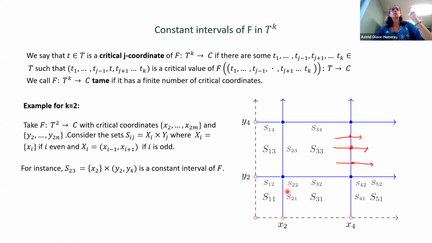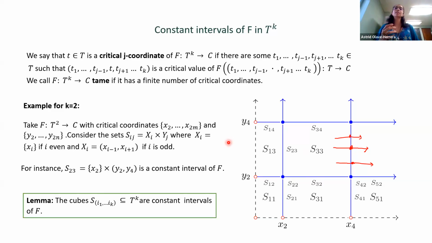For example, S23 is X2 cross the open interval (Y2, Y4), or S33 is the product of the open interval (X2, X4) with the open interval (Y2, Y4). So now I can divide my whole space into these little cubes that I'm calling S, indexed by the critical coordinates.